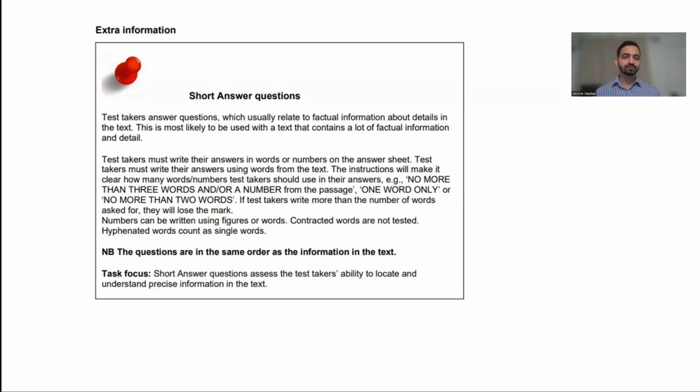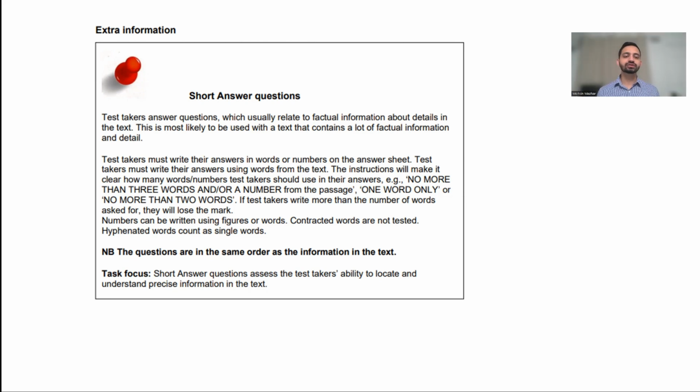The instructions will make it clear how many words, numbers test takers should use in their answers. For example, no more than 3 words or a number from the passage, 1 word only, or no more than 2 words. If the test takers write more than the number of words asked for, they will lose the marks. Okay, so you have to be very careful that you are following the instructions there.